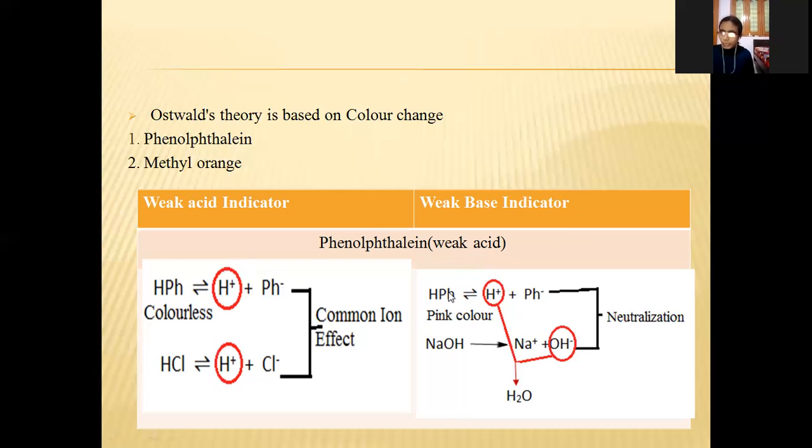But when we dissolve this phenolphthalein in the strong basic solution, that is sodium hydroxide here, the hydrogen and OH will get separated in the form of water molecule, and here it will become neutralization. So the color changes from colorless to pink.